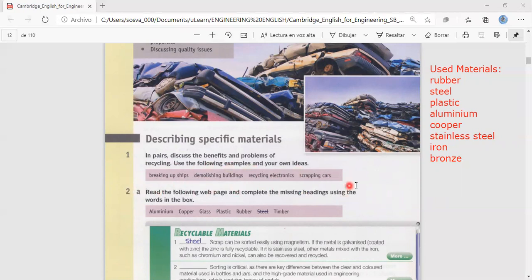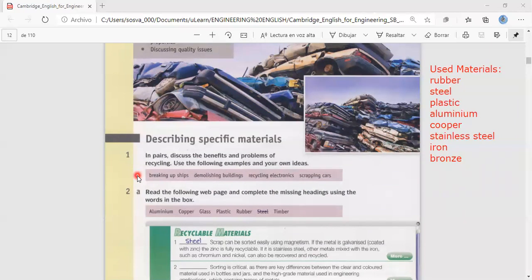Let's see these ideas of recycling. Let's think about the pros and cons, that means the benefits and the problems of recycling. These are four examples of where or how we can do recycling.